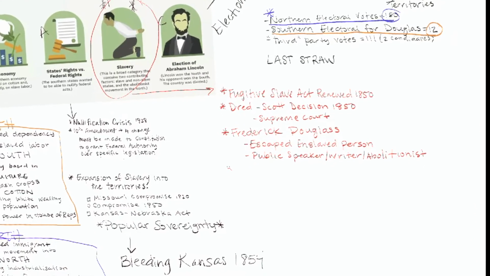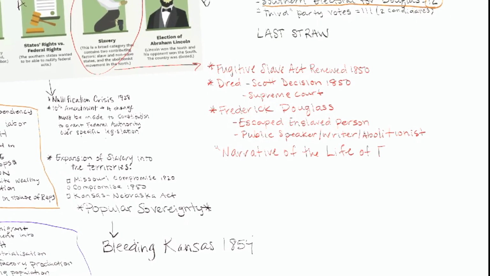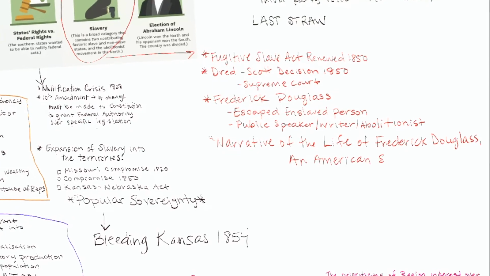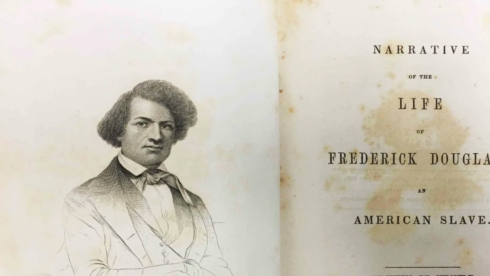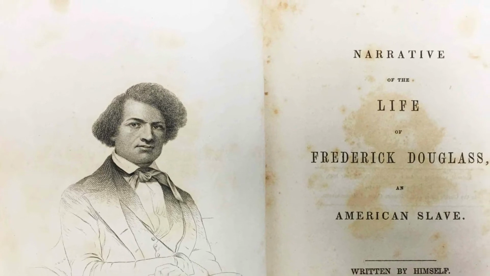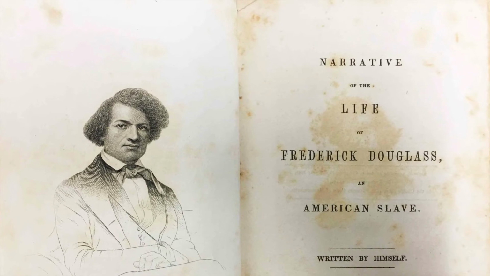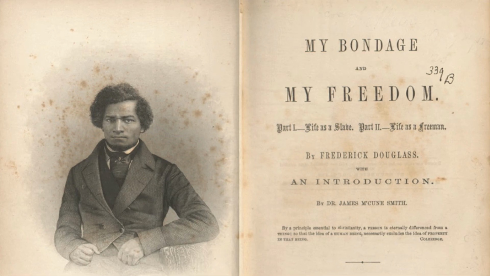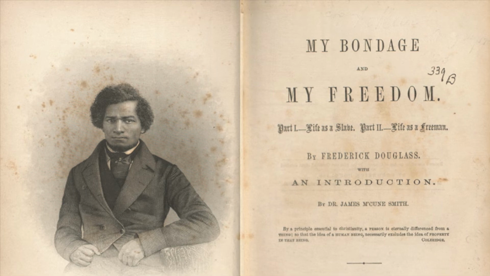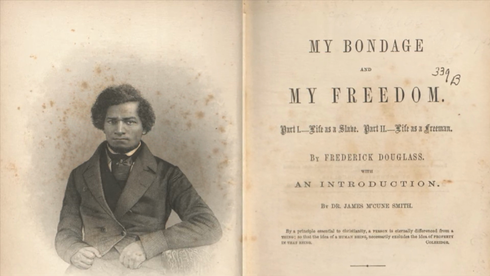He gave several extremely amazing speeches, but he also wrote really detailed books about his experience as an enslaved person and what it was really like, very much speaking as a voice for those who were still enslaved. One of his main books, The Narrative of the Life of Frederick Douglass, an American Slave, was published in 1845, and then My Bondage and My Freedom in 1855.